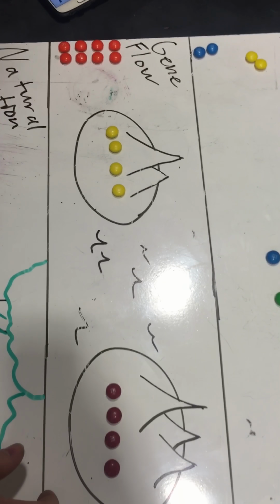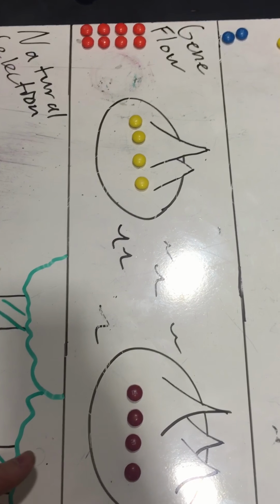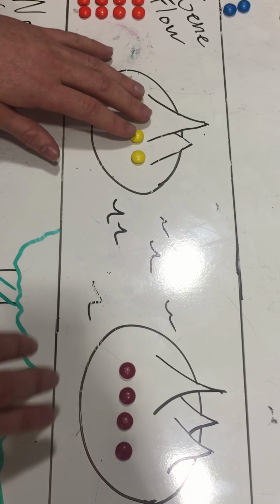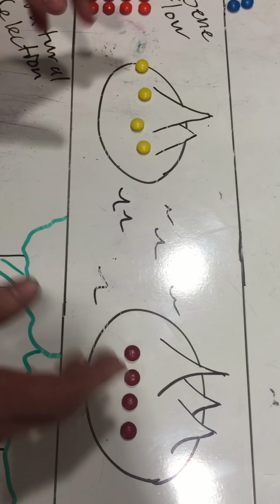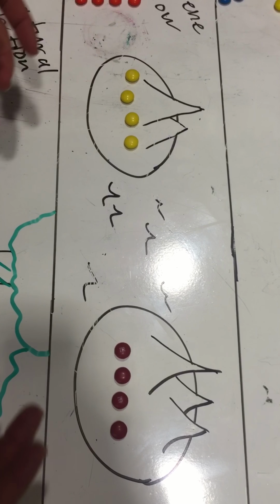Now for the third form of evolution, we're talking about gene flow. Gene flow is whenever mixing of populations occur, creating new offspring.